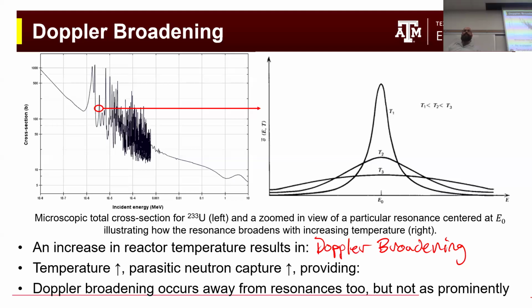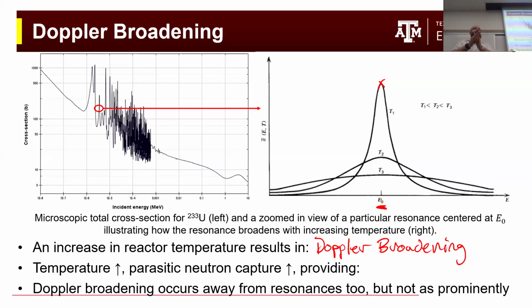And in practice, what this means is that if your material temperature starts heating up and these resonances broaden, then E0 is the energy of the neutron where this reaction cross section would be the highest. If you have a neutron coming in, it's going to have a cross section that's very high if it's right at this energy E0.